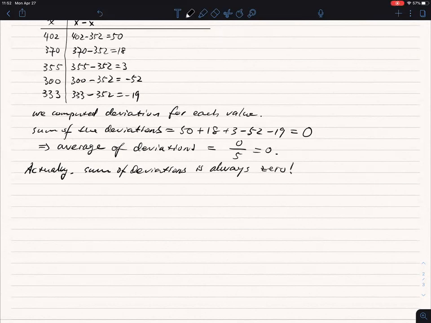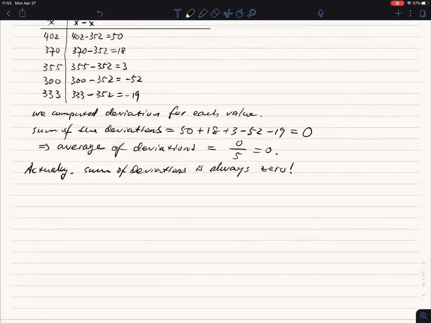It's always 0, right? So how do we get the sum of deviations? We add 50, 18, 3, negative 52, and negative 19 together, right?